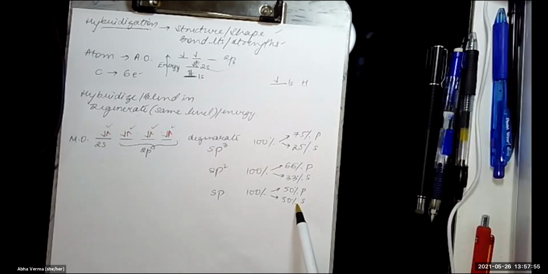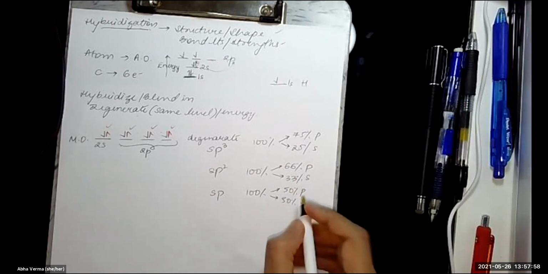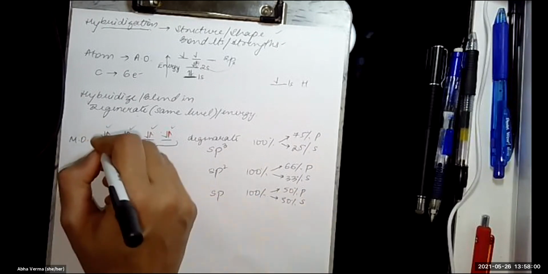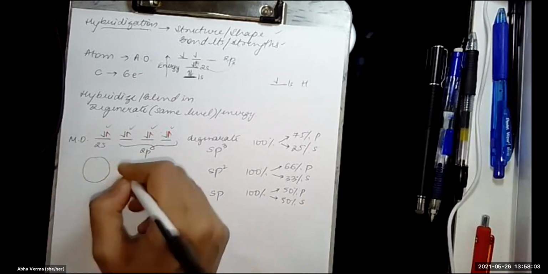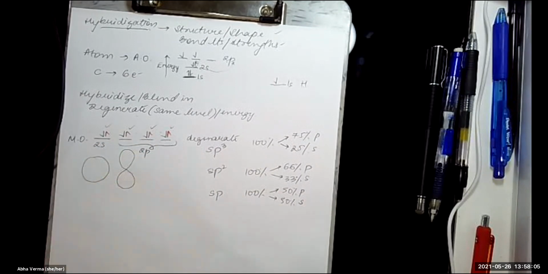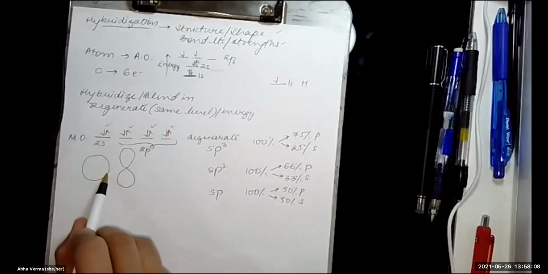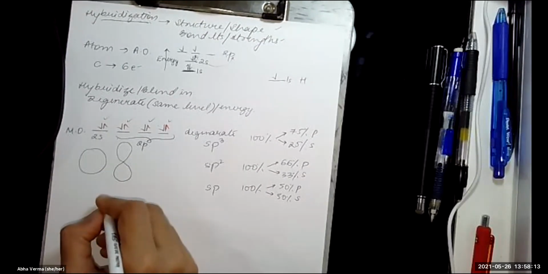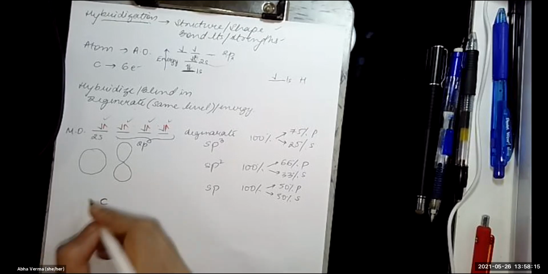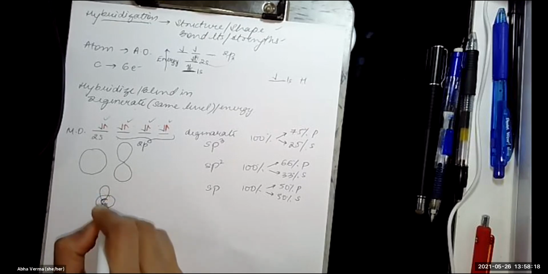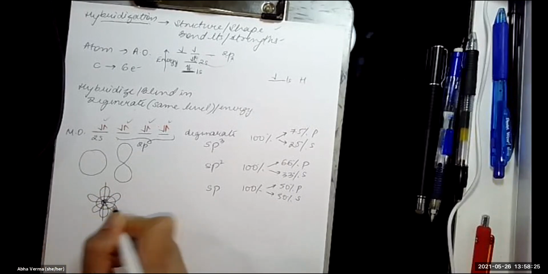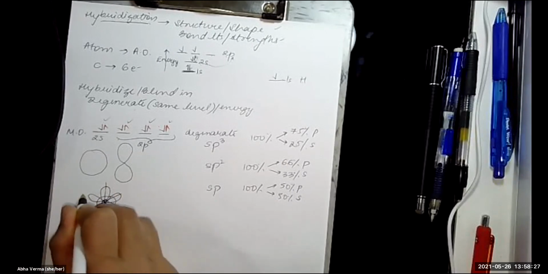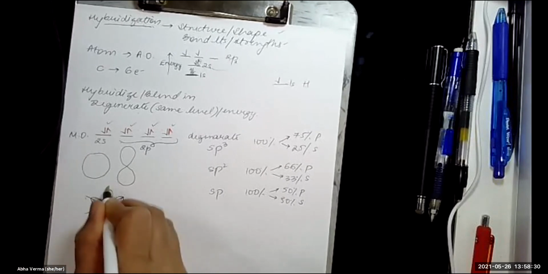How is this helpful? The s is a spherical kind of orbital, whereas your p is a dumbbell kind of orbital. Whenever hybridization is occurring, so let's say that this is your sp3. So I'm trying to make a 3-dimensional p orbitals.